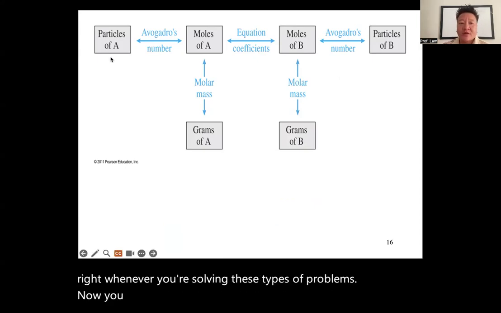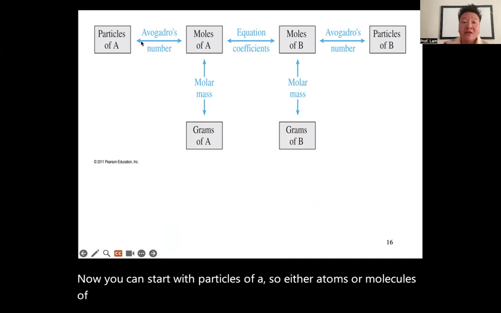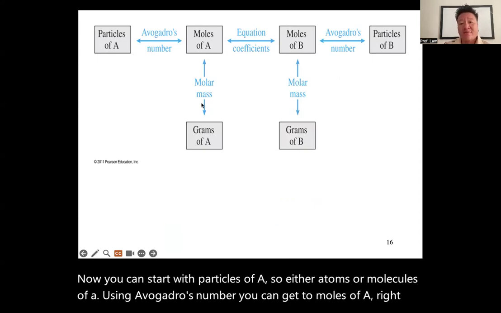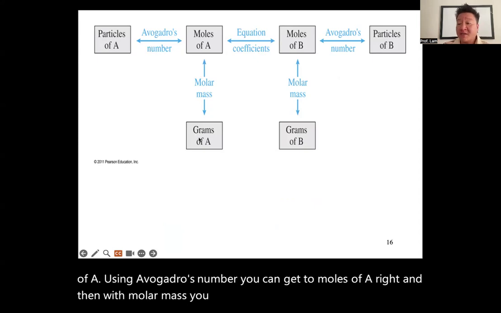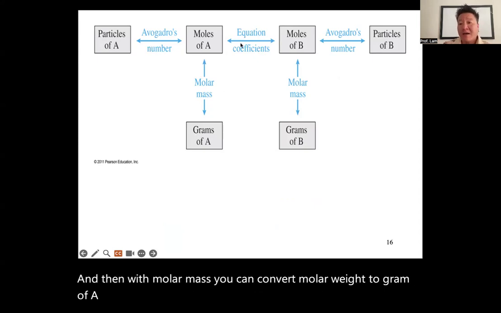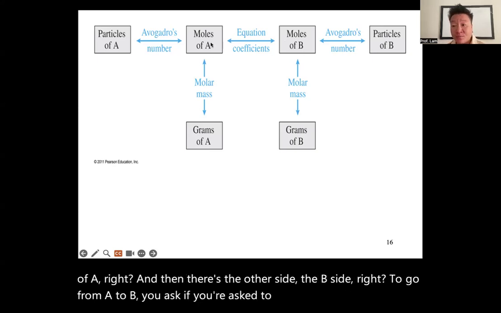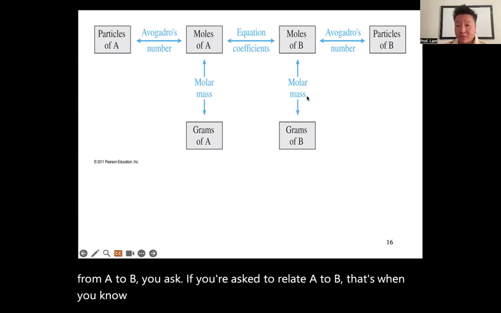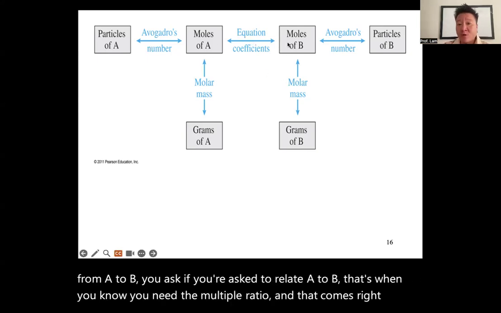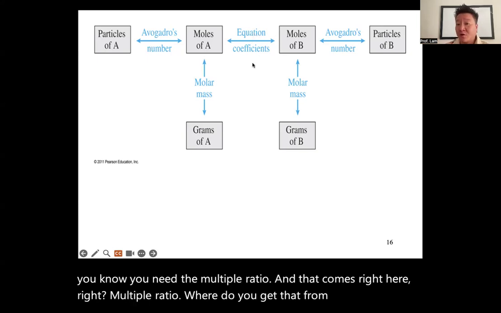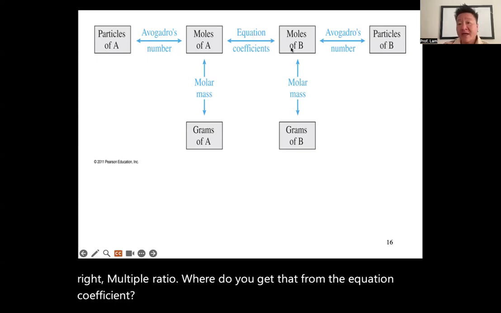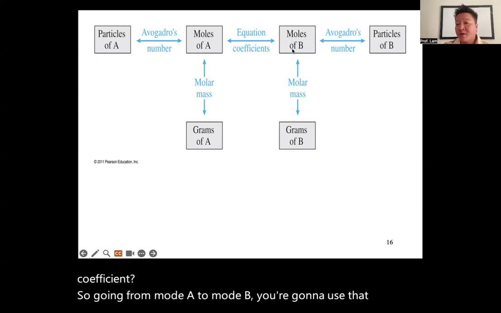Now you can start with particles of A, so either atoms or molecules of A. Using Avogadro's number, you can get to moles of A. And then with molar mass, you can convert moles of A to grams of A. To go from A to B, if you're asked to relate A to B, that's when you know you need the mole-to-mole ratio. Where do you get that? From the equation coefficients. So going from moles of A to moles of B, you're going to use that mole-to-mole ratio.